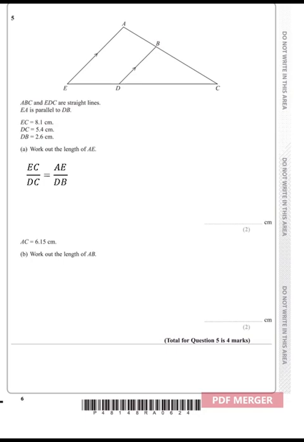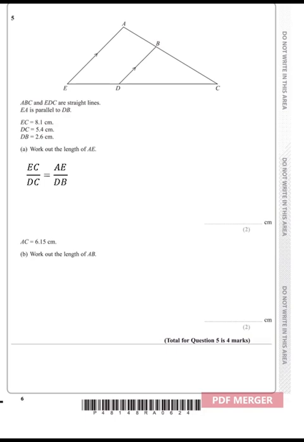So based on the question, let's fill in all the necessary information that we know so far. EC is equal to 8.1 centimeters. DC is equal to 5.4 centimeters. And also, we know DB is equal to 2.6 centimeters.